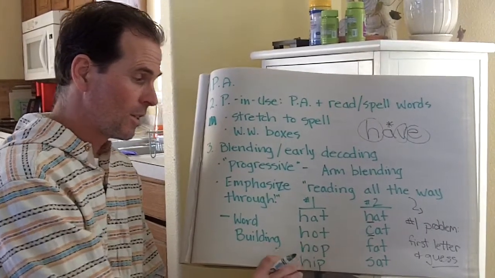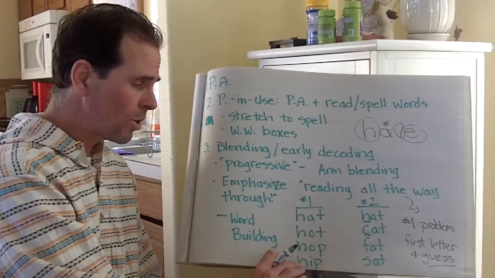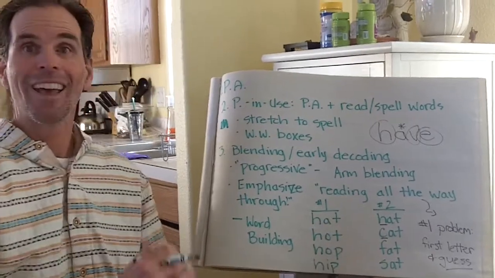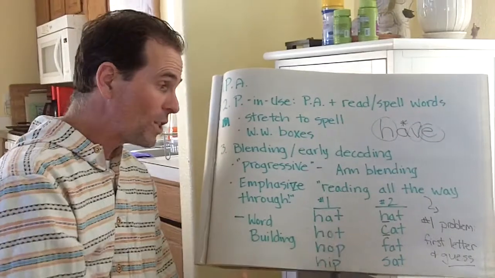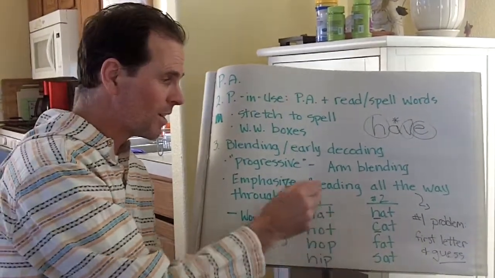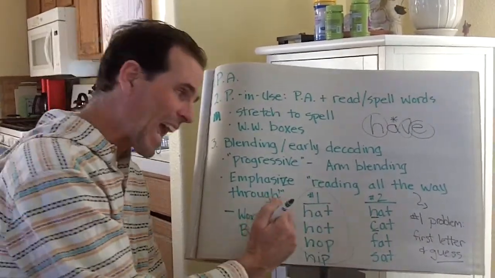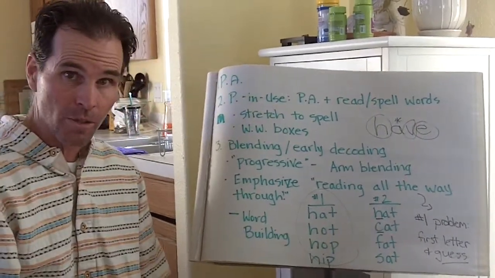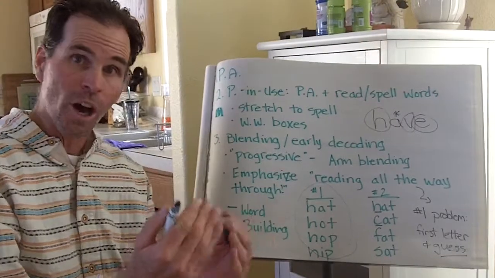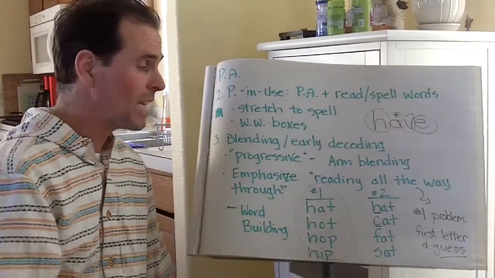Hop. Last word, all the way through, hip. And you can see, probably just in my running through, which one is more reading work? Far and away, this one. I have to get to the end when that final or medial sound changes. Okay? Follow the hard work principle in beginning reading.